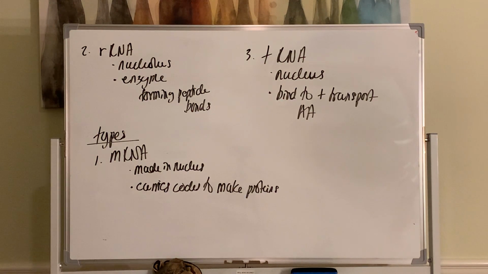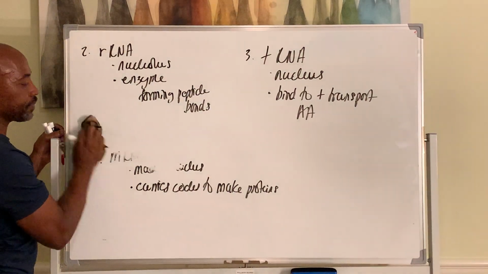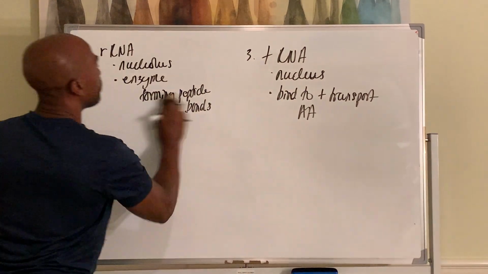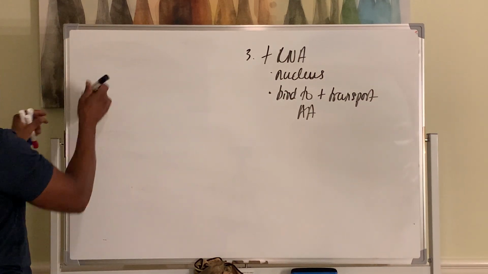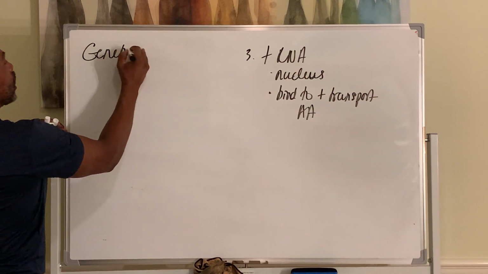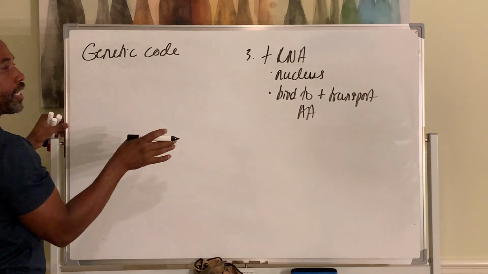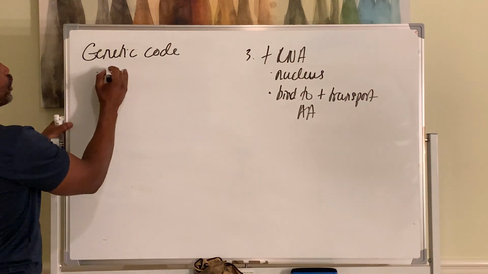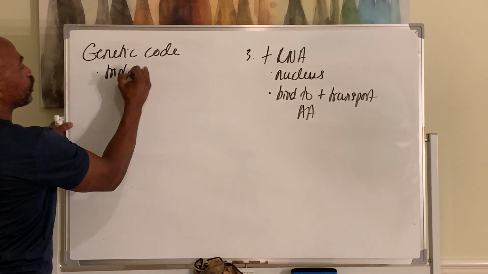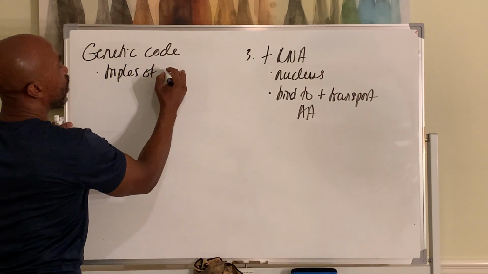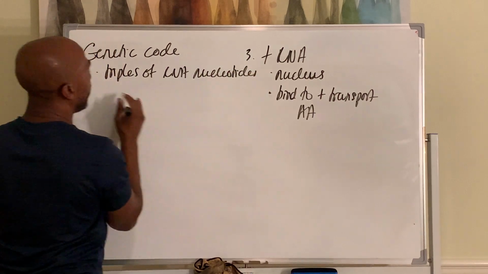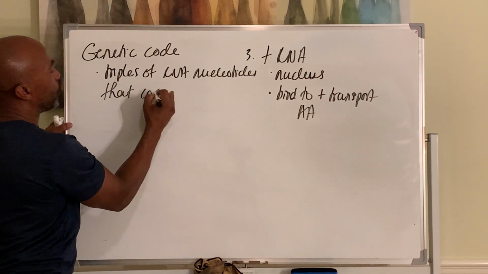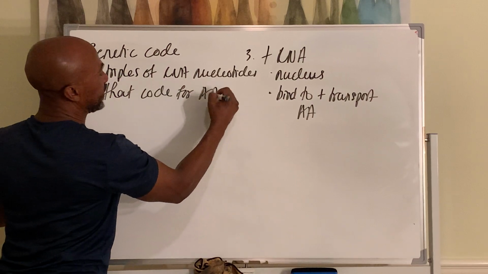Then we go to something called the genetic code. RNA forms the genetic code, which refers to triplets of RNA nucleotides that code for amino acids.